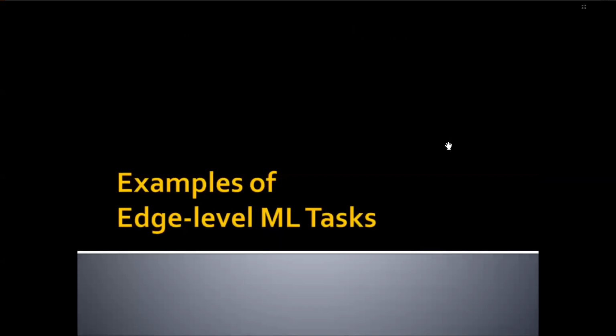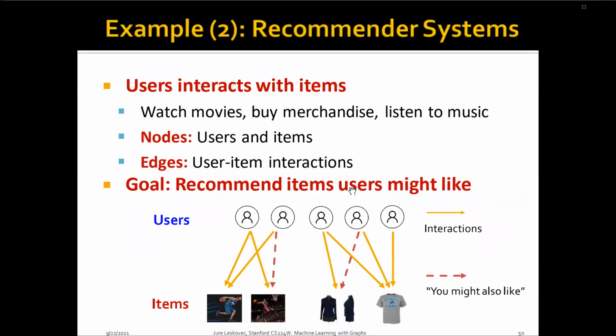Thank you. Okay, talking about edges, we are coming to the edge-level ML tasks. The first one is the recommender system. Users interact with items. We watch movies, purchase stuff, and listen to music. So the nodes are the users and items, and the edges are the user-item interactions.